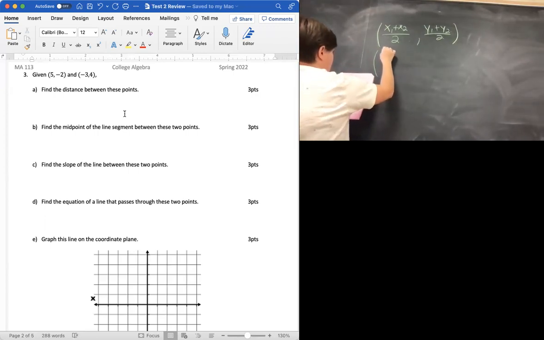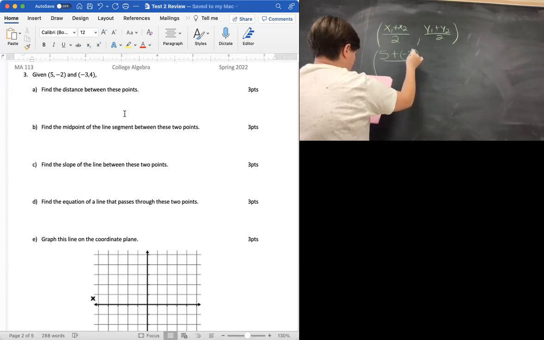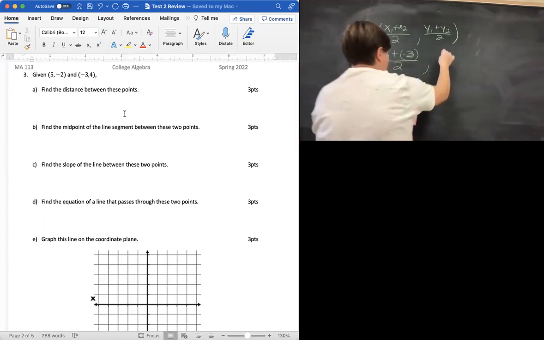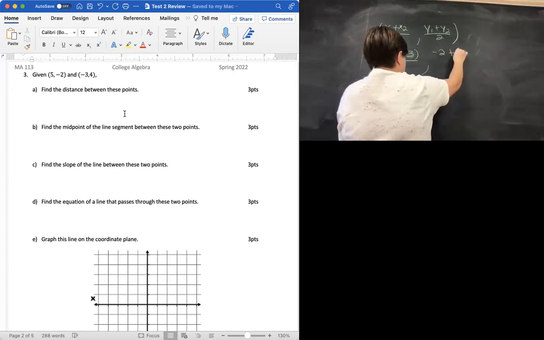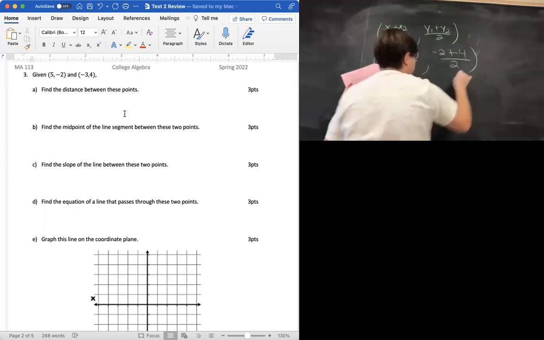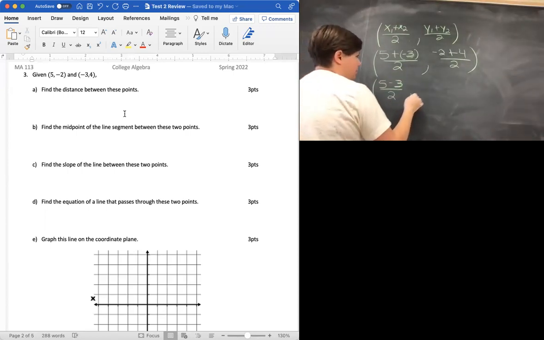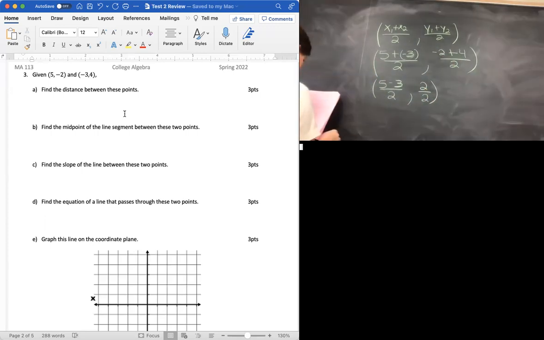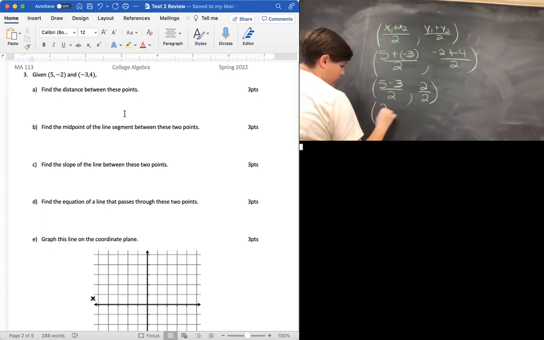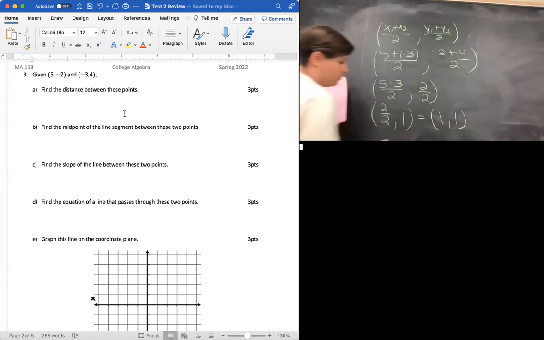Well, x1 is 5 plus x2, which is -3, all over 2, comma, y1, which is -2, plus y2, which is 4, all over 2. 5 minus 3 over 2, comma, 2 over 2. 2 over 2, comma 1, which equals 1, 1.